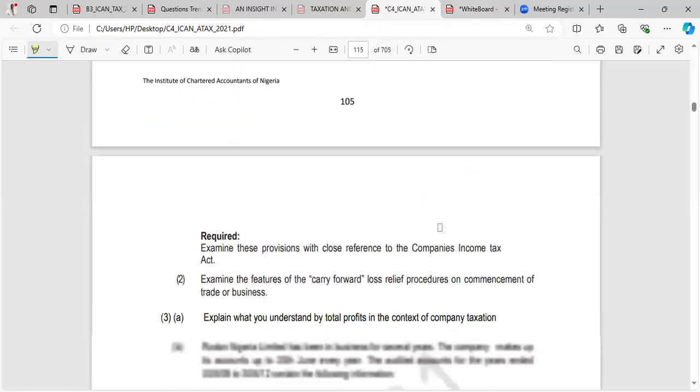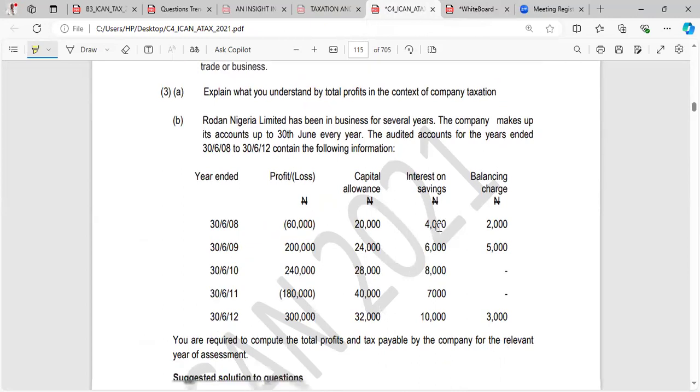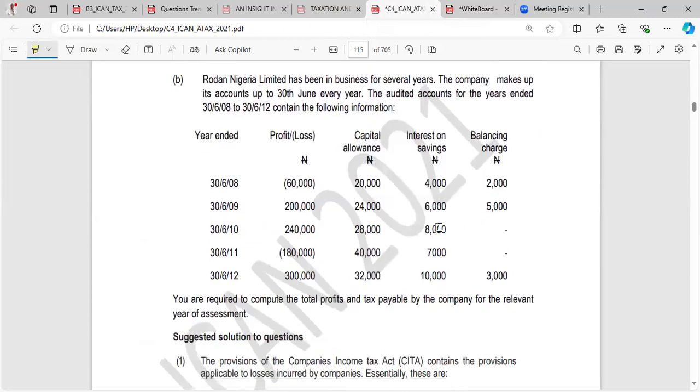Let's see another question. This says Rodan Nigeria Limited has been in business for several years. The company makes up its accounts to 30th June every year.